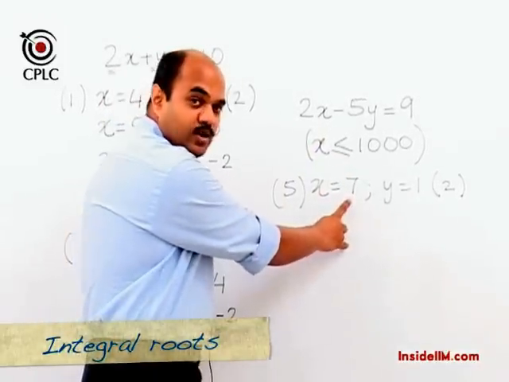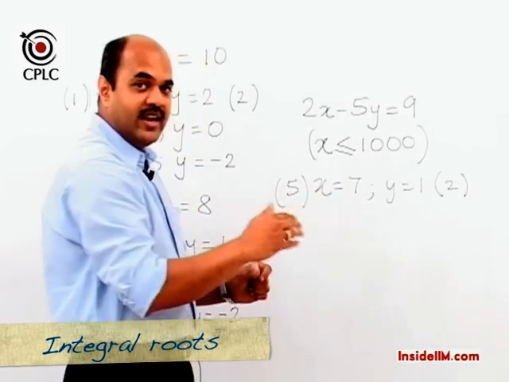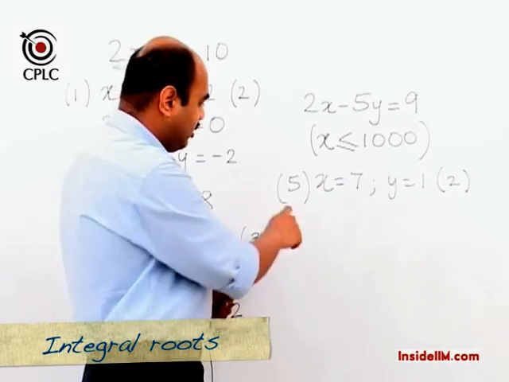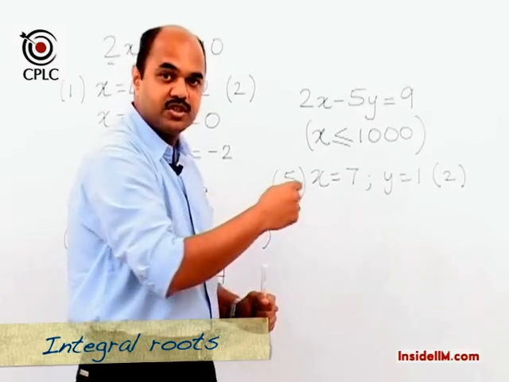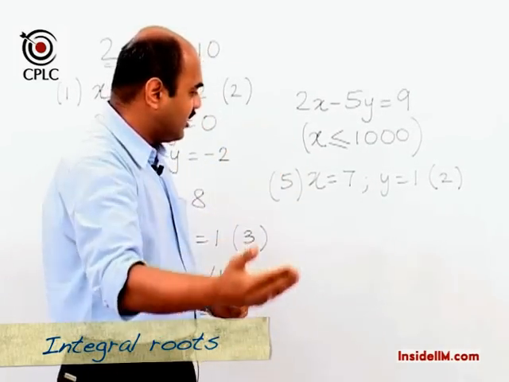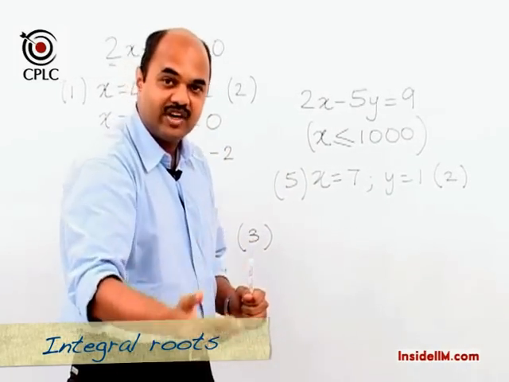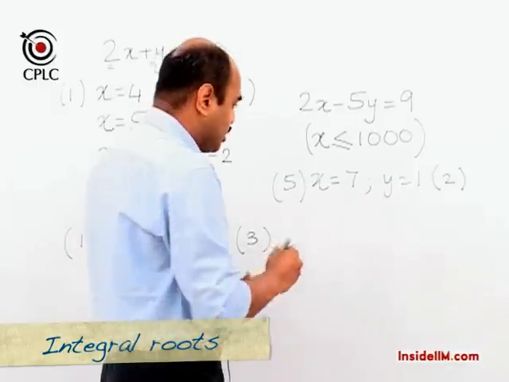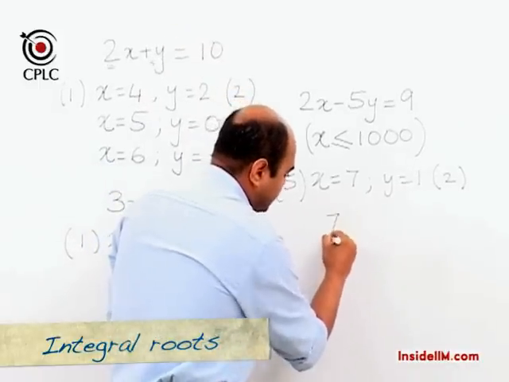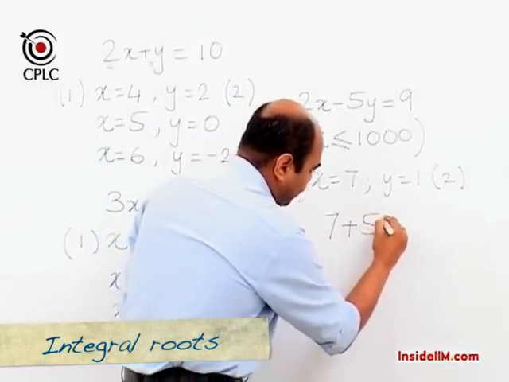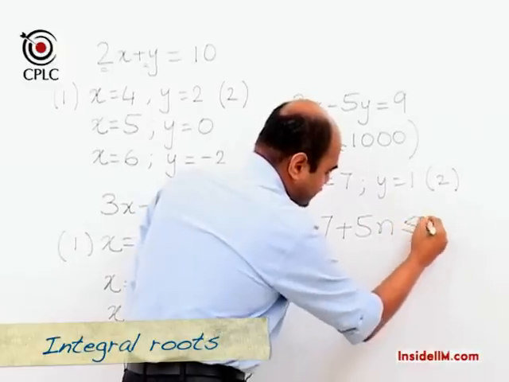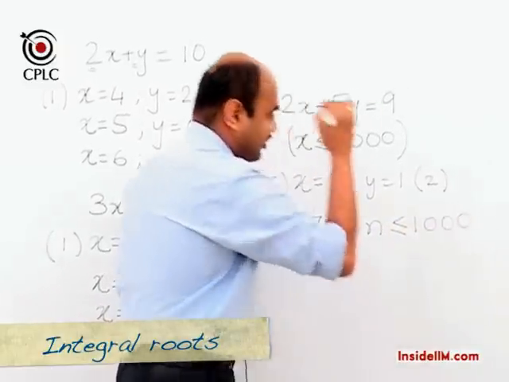The largest possible value of x is going to be 1000. The first value of x is 7. The next value of x going beyond would be an increment of 5, which is 12. And then the next value of x would be 17, and so on. So the question is actually 7 plus 5n is less than or equal to 1000.